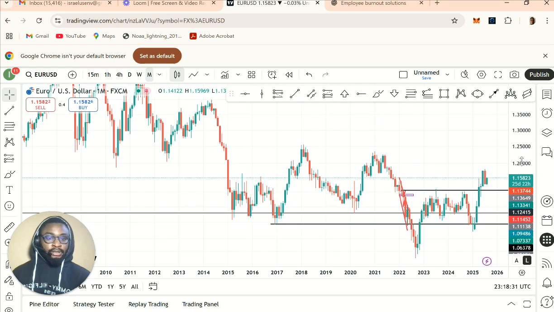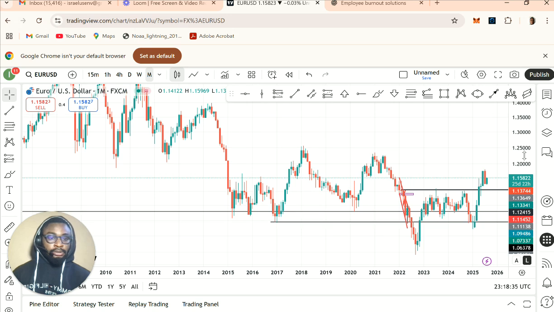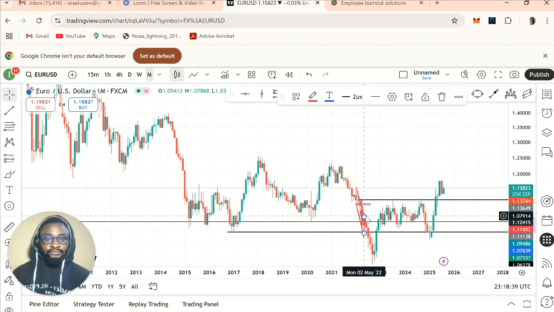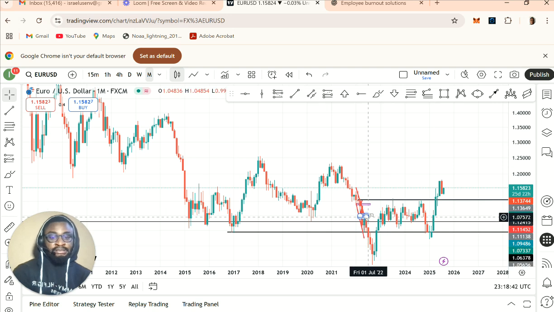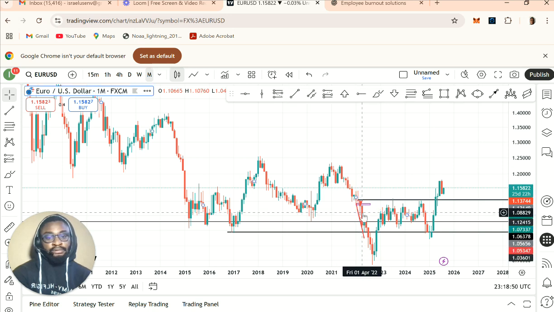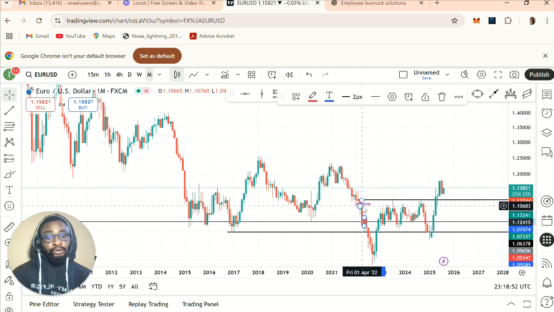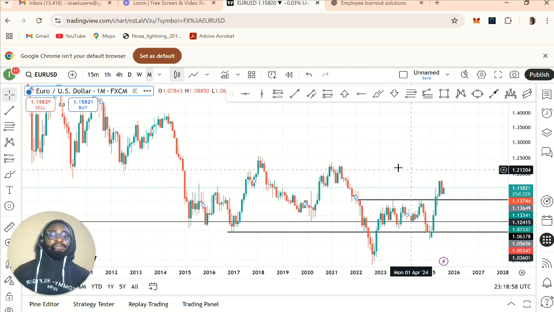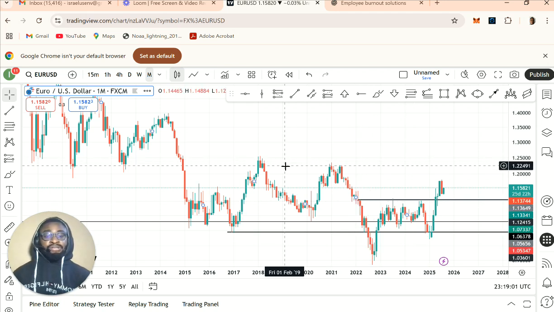Remember, my bias for the dollar index is currently a buy, right? And for Euro USD, which is the exact opposite of the dollar index, for the longest time the dollar index has been on a sell, and just recently hit a certain point where we're expecting to see the buys.